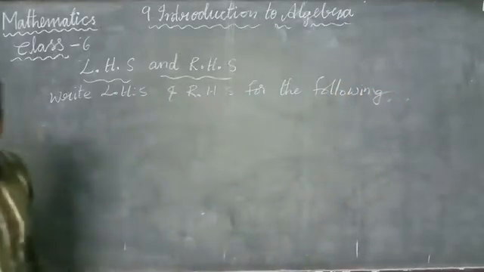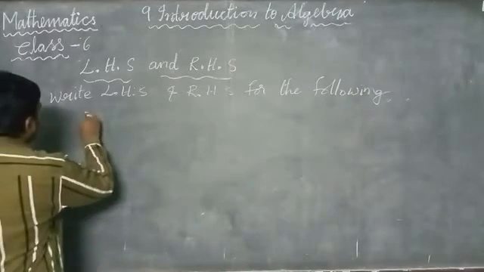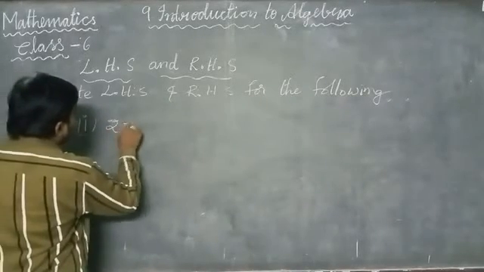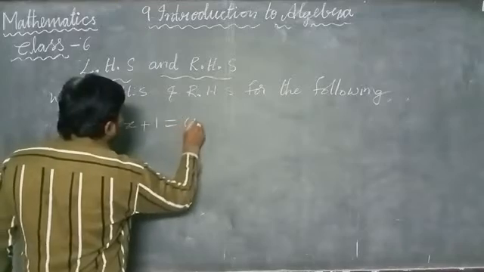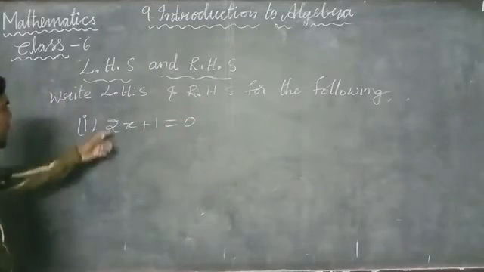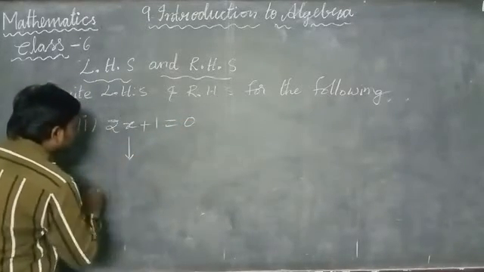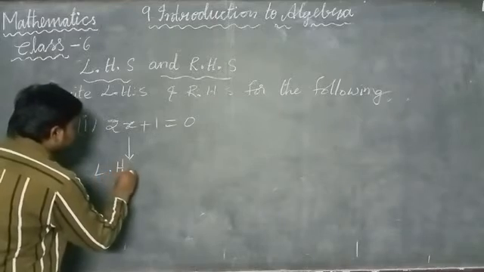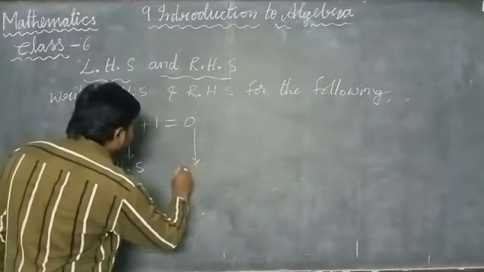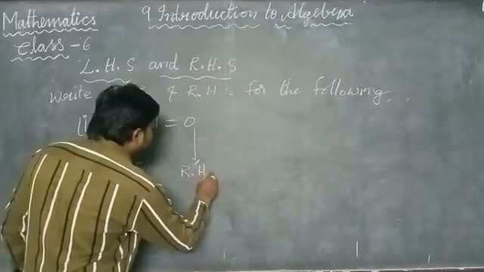The first one is 2x plus 1 equals 0. Here 2x plus 1 is LHS and 0 is RHS.